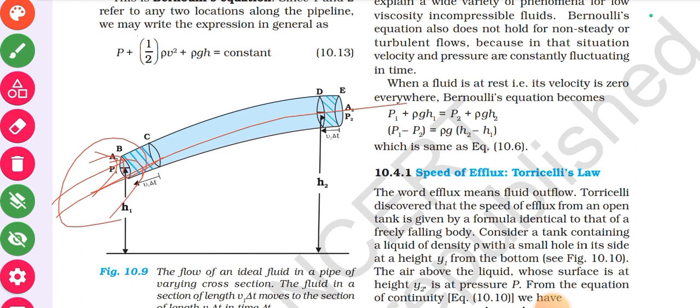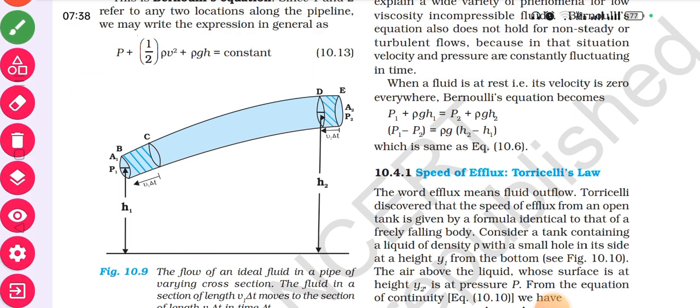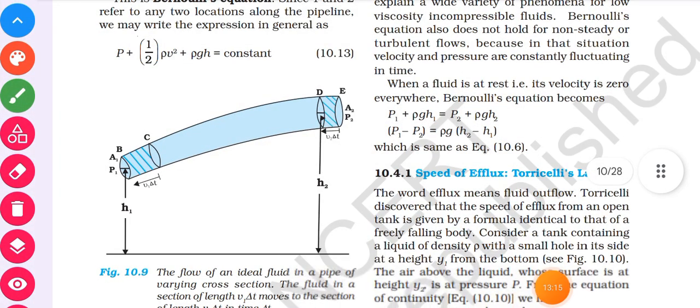We are considering any point, suppose this point, where we had applied a pressure here. So what happens now?